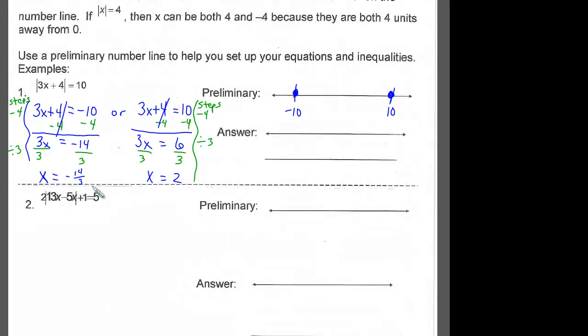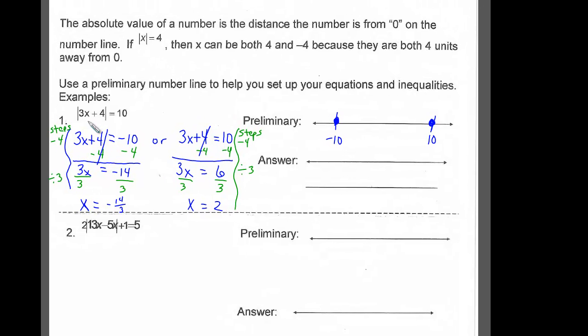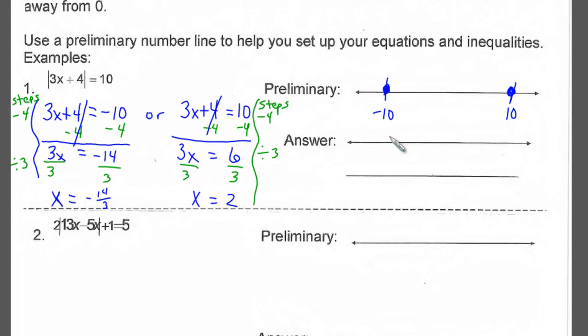When we substitute negative 14 over 3 in for x in the original equation, this is a true statement. When we substitute 2 in for x, this is also a true statement. So my answer would be x is equal to negative 14 over 3, or x is equal to 2. Both of these are the answers.